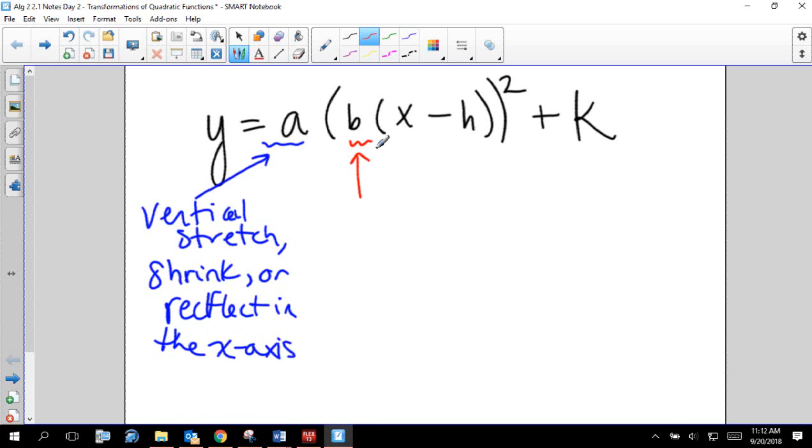So then the B value is what? Yes, I'll write that last. What else? Horizontal stretch, shrink, or reflect in the y.